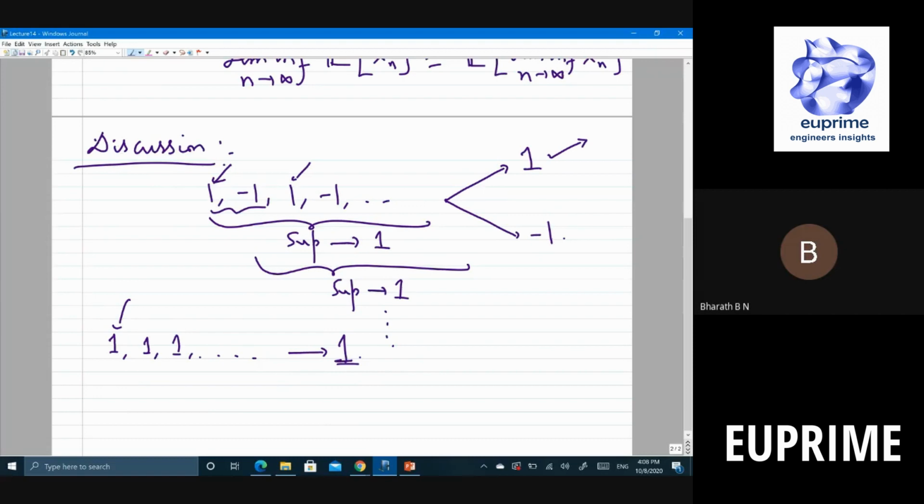The limit exists because if you take the supremum of fewer numbers, that is a monotonically decreasing sequence, so obviously it should converge. It may diverge to infinity, but that's okay. It will converge to something.